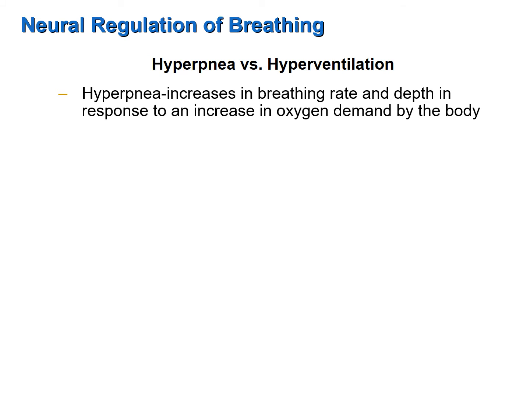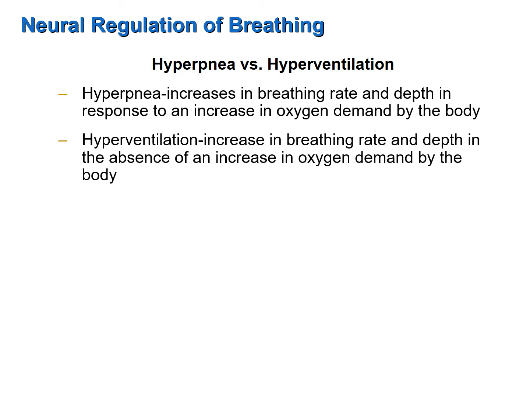With hyperpnea, there's an increase in breathing rate and depth in response to an increase in oxygen demand by the body, such as during strenuous exercise, running, jogging, swimming. Muscles are working harder, they're using more energy, there's more ATP needed, therefore there's more oxygen needed to make that ATP. With hyperventilation, there's an increase in breathing rate in the absence of an increase in the demand for oxygen.